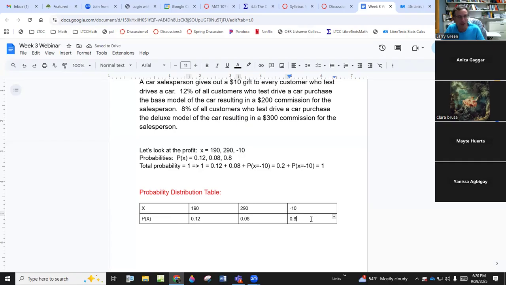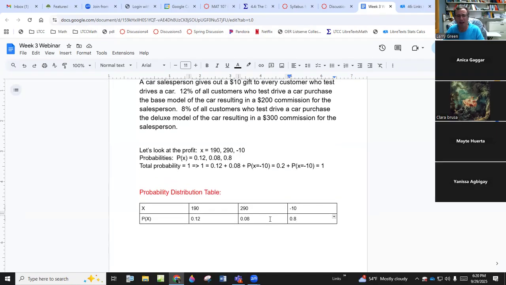This is called the probability distribution table. So it shows really how this discrete variable works in terms of its values and its probabilities. Any questions at all on what I just did? Okay. Again, you're going to have to do these things, so make sure you know how to do it.